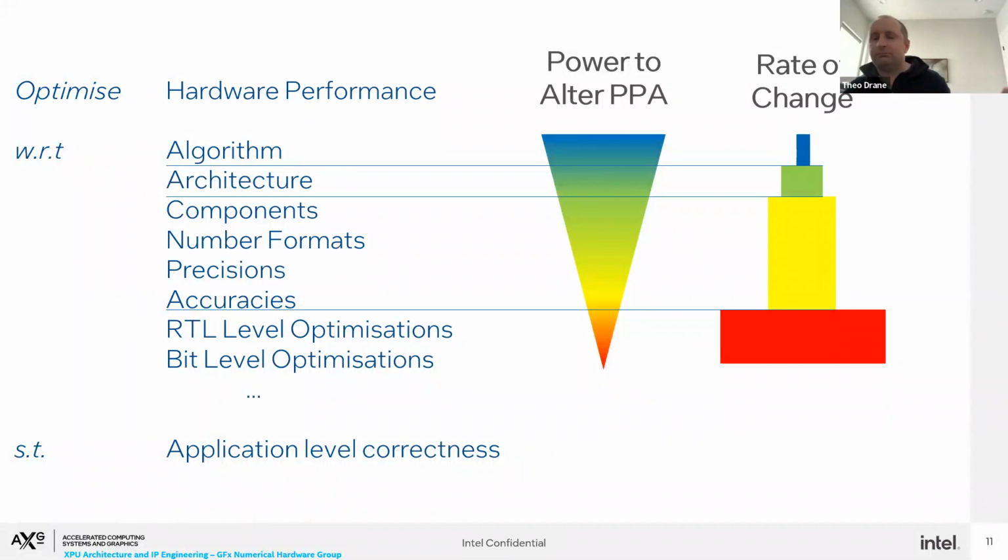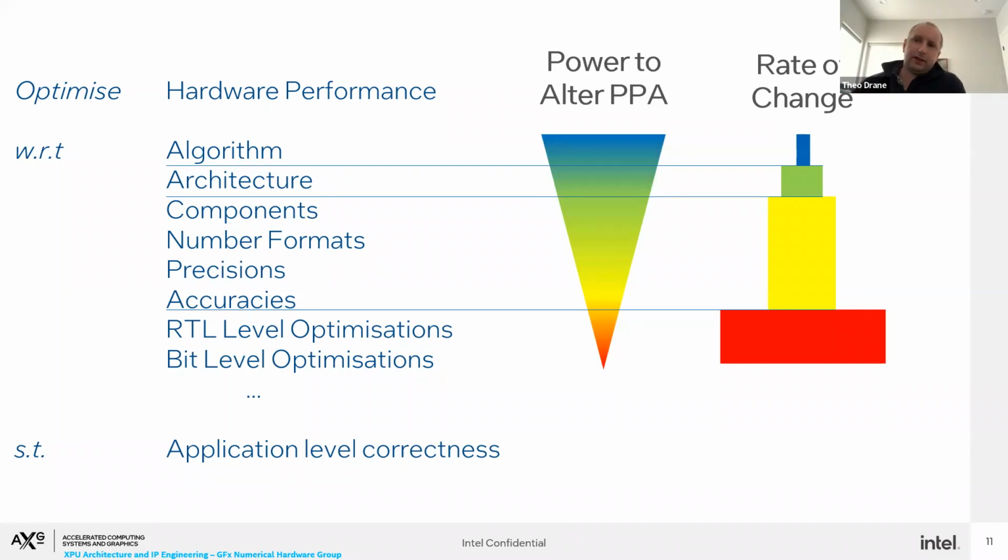So obviously algorithm, it's very interesting. With this trivial ellipse example I showed, if I rewrite my equations even slightly, then I completely alter the bit accuracy of the resultant hardware, and I alter its PPA. But obviously, as you go down this cone, your ability to alter the PPA drastically shrinks.